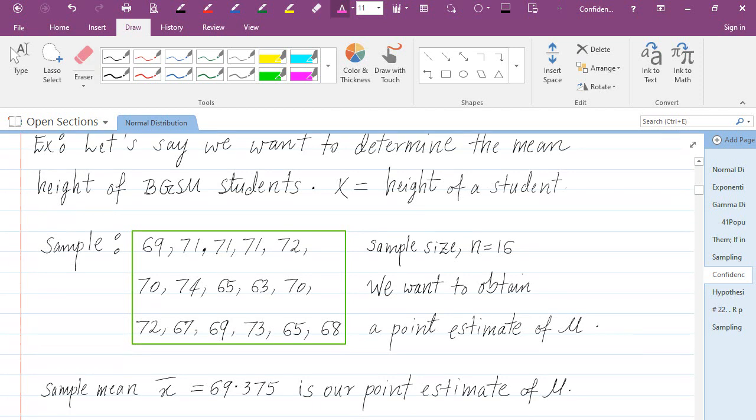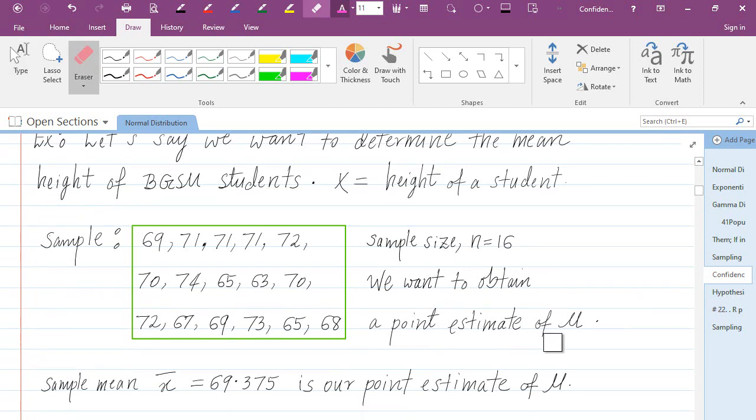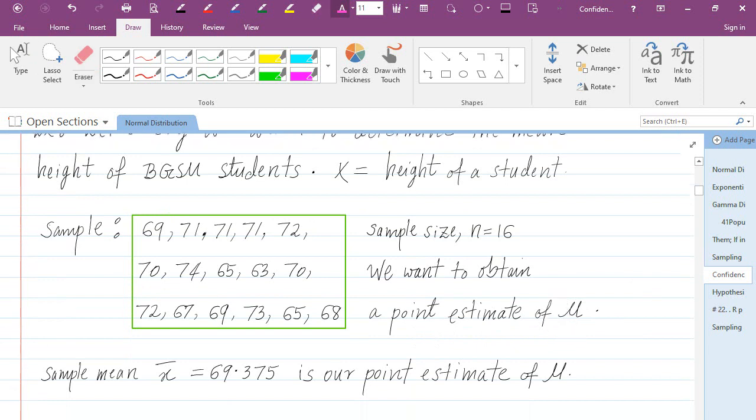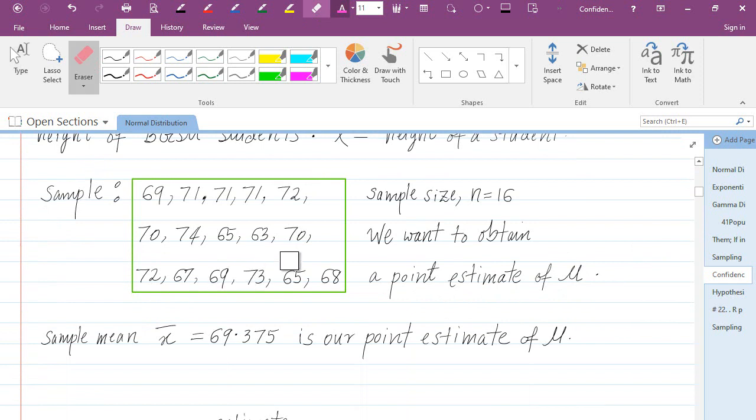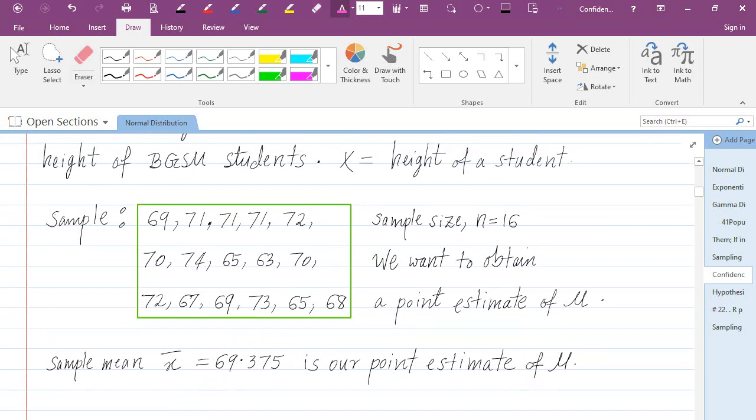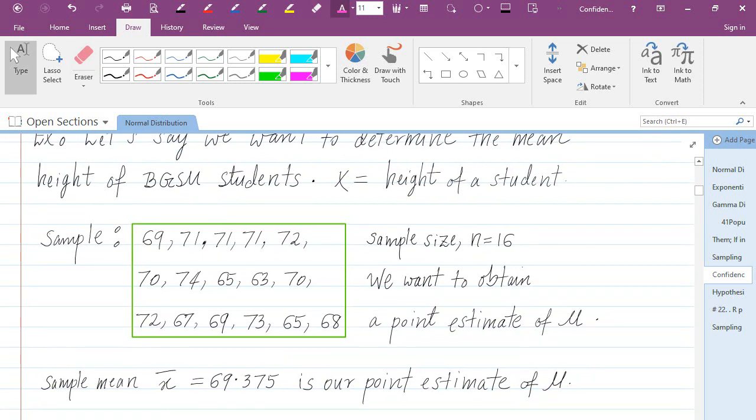We want to obtain a point estimate of the mean height mu, and the sample mean here. If I calculate the mean of these sample measurements, then we get lowercase x bar equal to 69.375. So this is our point estimate for the mean height of BGSU students.